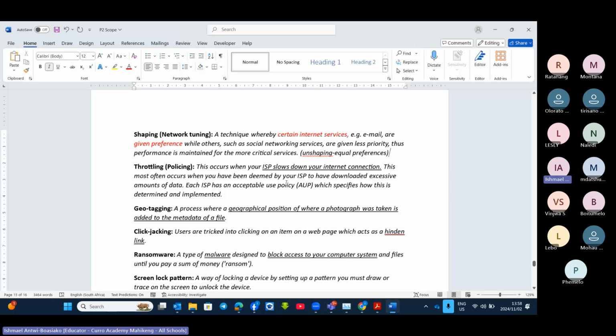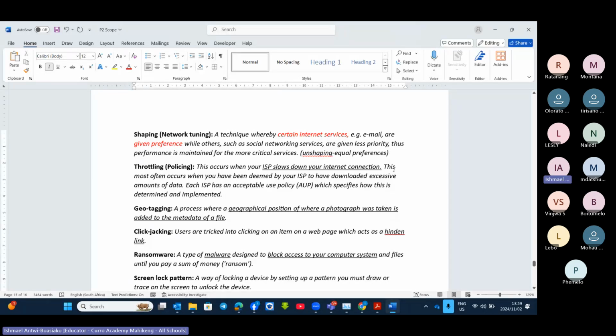And then throttling, which we normally call network policing. This is where the ISP slows down your internet connection speed and gives it to other people. So this is what we call throttling.